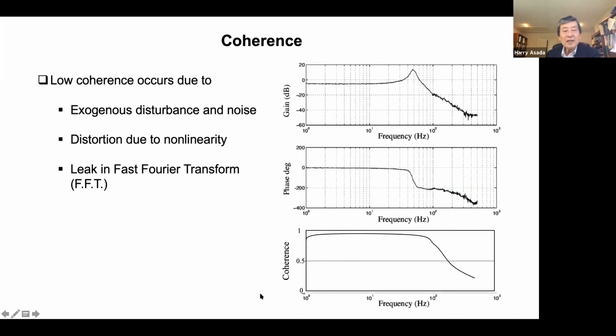So in fact, if you plot coherence, here are actually two Bode plots obtained through the process I explained, and beyond a certain frequency, it is a little jagged, and even though you're applying the Hamming window, it still is a little bit erratic over here.